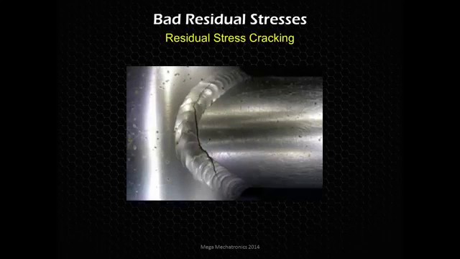Let's look at some bad residual stresses. We are going to talk about residual stresses up here, but here's an example right now. Stress cracking. So these two tubes were welded together, and they used the wrong manufacturing methods, or didn't complete the manufacturing methods, which led to a tensile force between these two different parts that, after they were welded and cooled down, are pulling apart.